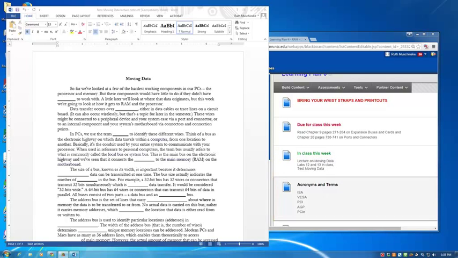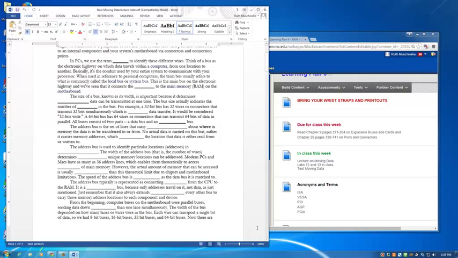However, the actual amount of memory that can be accessed is usually much less than this theoretical limit due to chipset and motherboard limitations. The speed of the address bus is the same as the speed of the data bus that it is matched to.